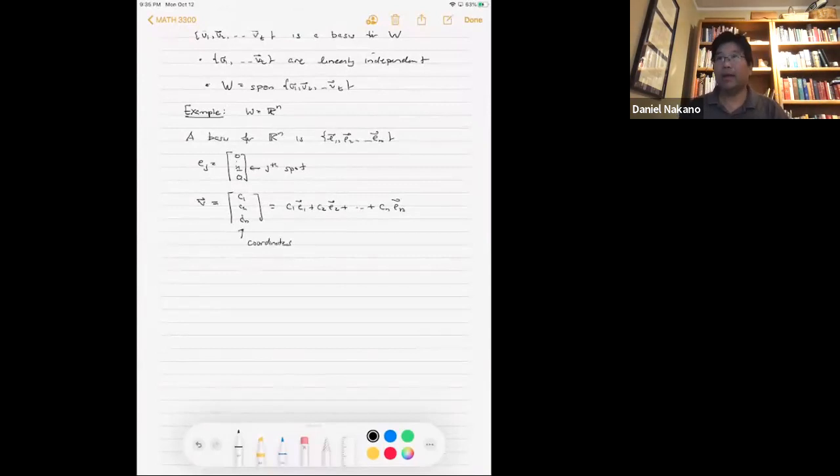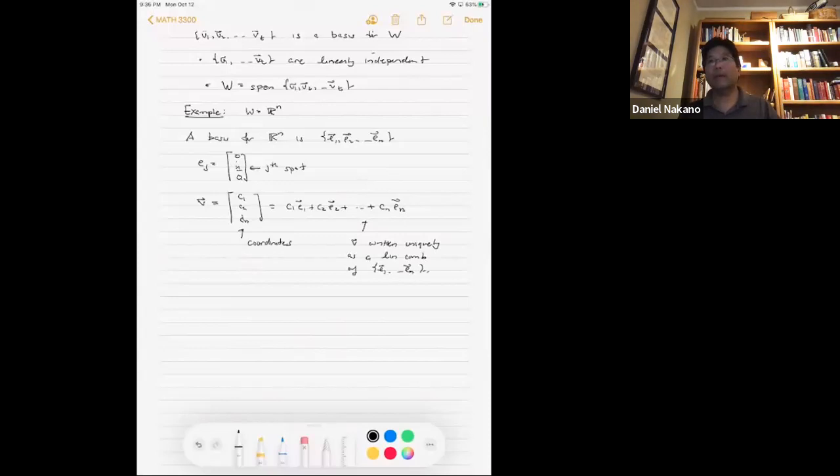And this expression is v written uniquely as a linear combination of the basis e1 up to en.